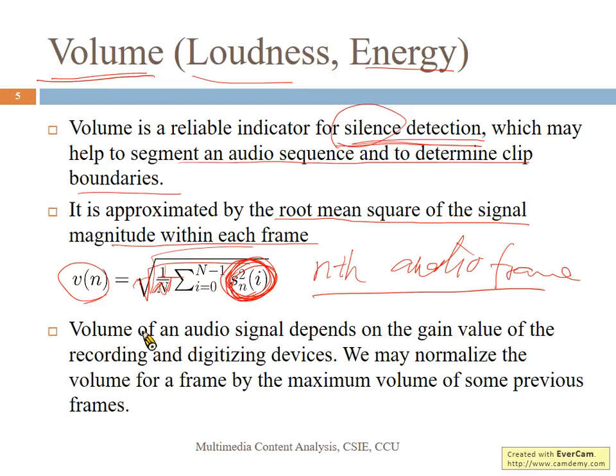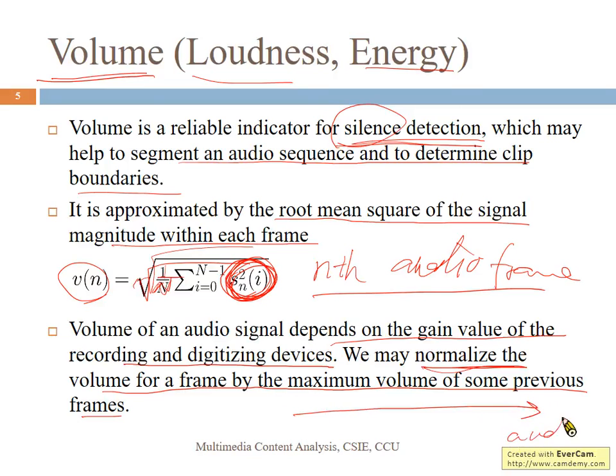And remember that the volume of an audio signal depends on the given value of the recording and digitizing device. So based on different devices, although maybe a human spoke at the same volume, according to different capture devices, different microphones, the volume stored in the computer system may be different. So remember to normalize the volume for a frame by the maximum volume of some previous frames.